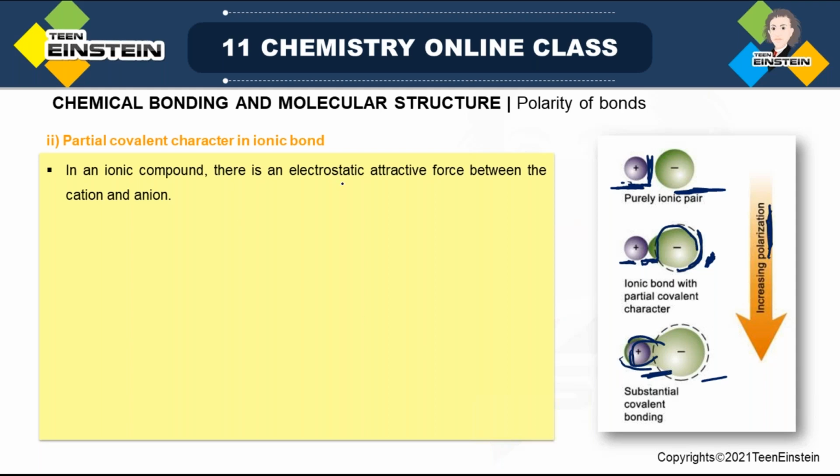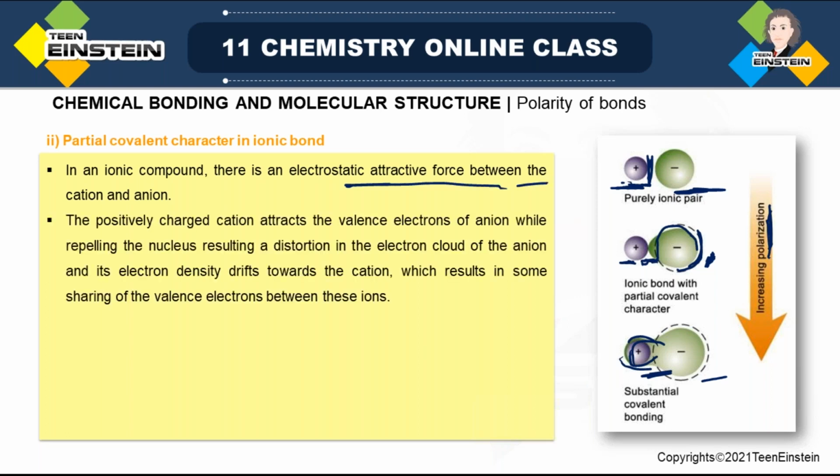So in an ionic bond, there is an electrostatic attractive force present between cation and anion, that we know. Now this positively charged cation attracts the valence electrons of the anion, and also remember it is simultaneously repelling the nucleus, resulting in a distortion. See here, this positive sign and negative sign that you are seeing here is because of the charge.